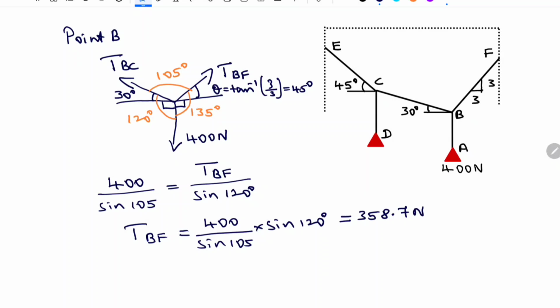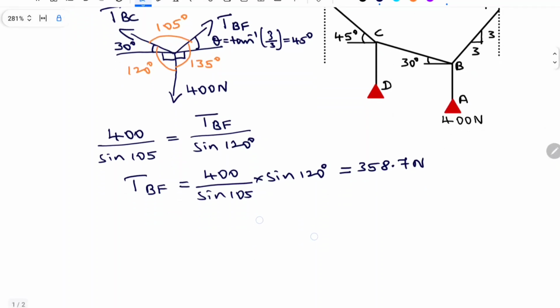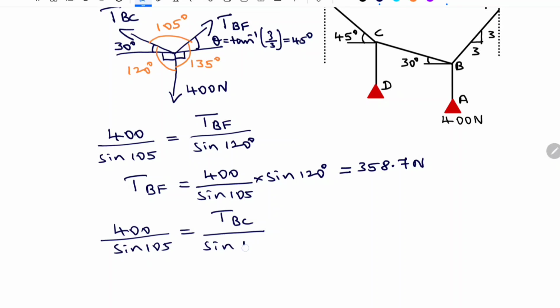If we solve this, we will get the value for TBF as 358.7 Newton. Now let us write for the next force. That is 400 divided by sine 105, equal to TBC divided by sine of the angle between the other two forces, sine 135.